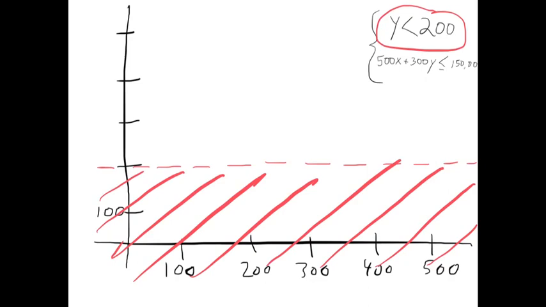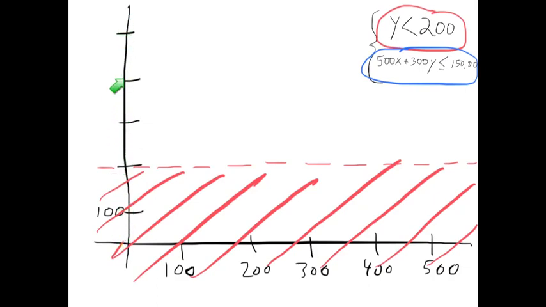Switching to my other color, I'm going to look at the next inequality. Looks like one of my zeros was cut off. In my next inequality, we've got 500x plus 300y is less than or equal to 150,000. Taking that, if we assume that x equals 0, we're here somewhere on the y-axis, aren't we?